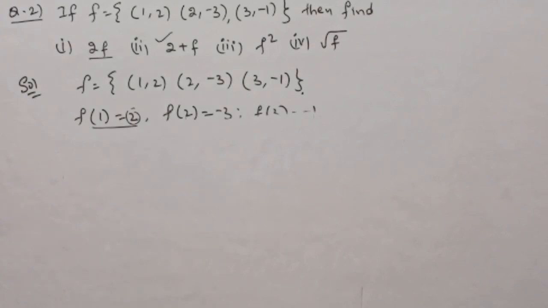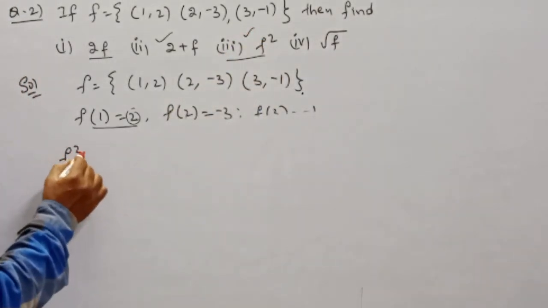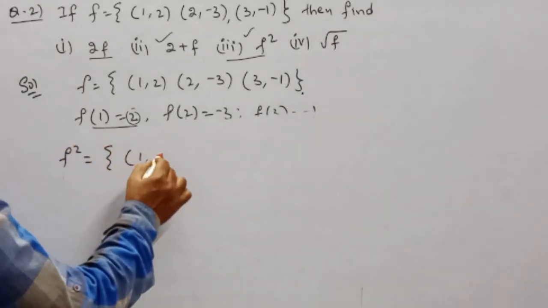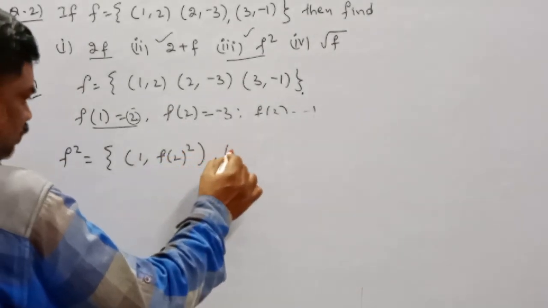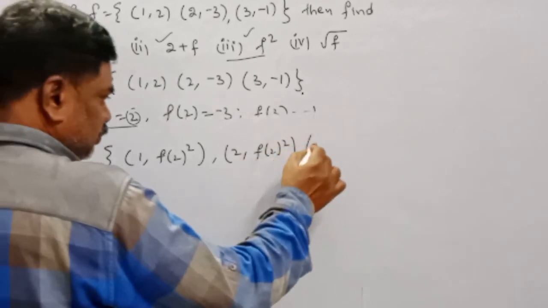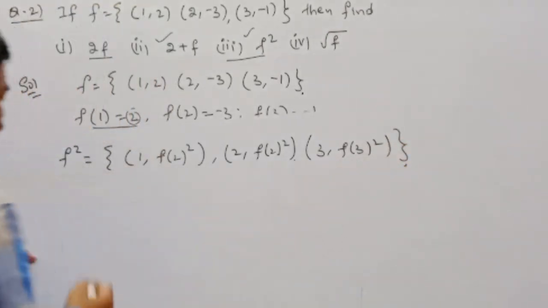Next, f square. So f square is equal to ordered pairs (1, f of 1 square), (2, f of 2 square), (3, f of 3 square). Okay, all of you.